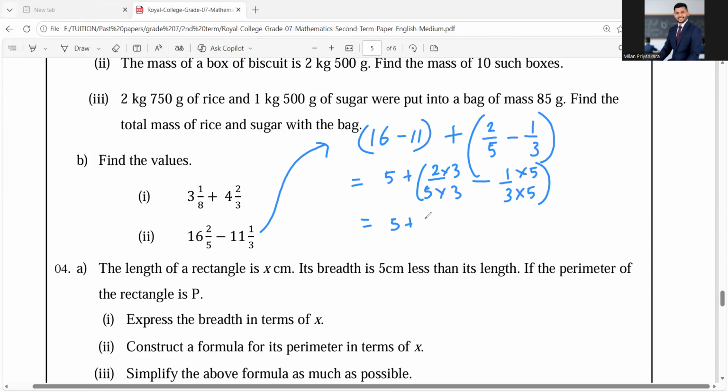Then 5 plus 6 over 15 minus 5 over 15. And then you have 5 plus 6 minus 5 is 1 over 15. Okay. And then you have 5, 1 over 15. It's very simple.